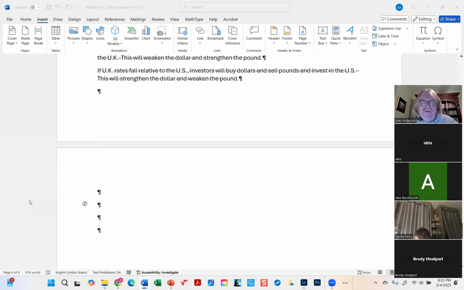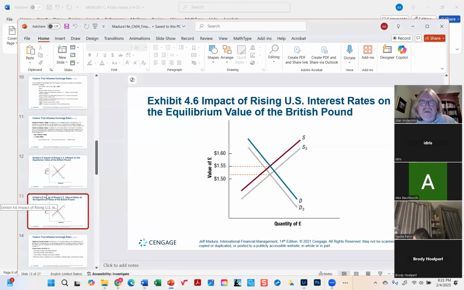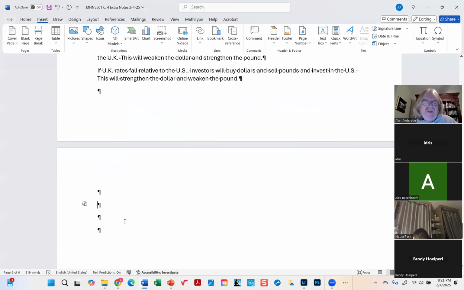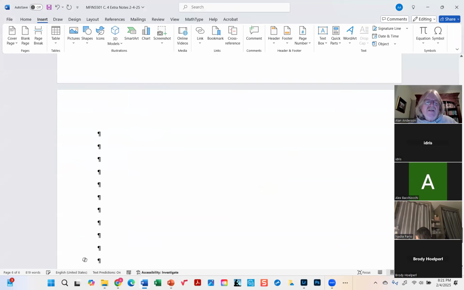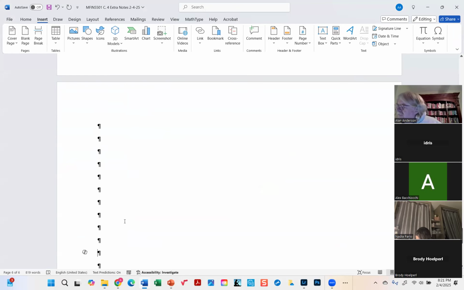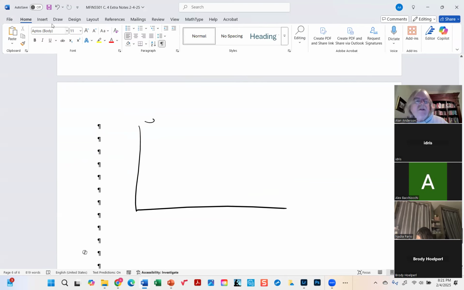Then you'll have this graph. For some reason they don't use ones in their graph like I do. That's a little annoying, but there you go.